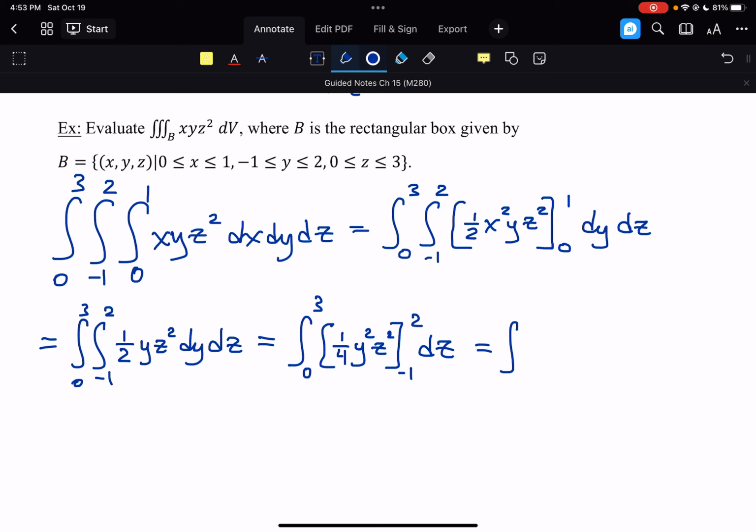The 2 gives us a 4/4, so that's just z squared minus 1/4 z squared. So that's going to be 3/4 z squared dz from 0 to 3. So we get 1/4 z cubed from 0 to 3. So we get 27/4.